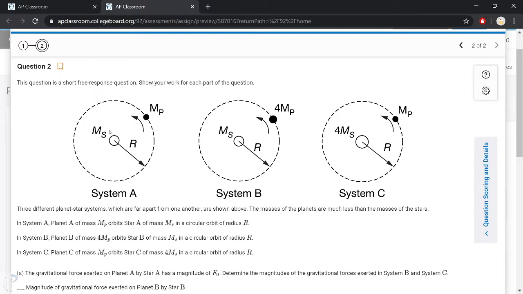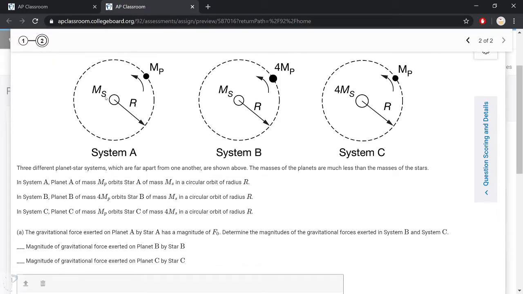The question is a short one. Okay, great. Systems A, B, and C. We have MS, probably a star, and a planet. Alright, UCM stuff. Three different planet-star systems which are far apart from one another are shown above. It's important that they're far apart so they don't exert gravitational forces on each other, otherwise it would be a very complicated problem.